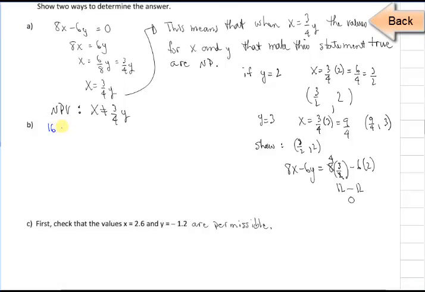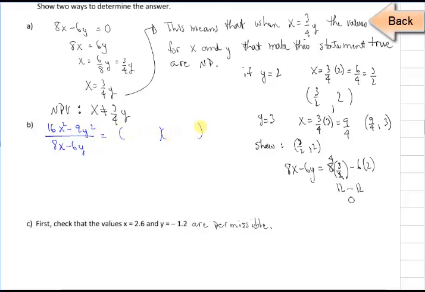So let's start by rewriting the question. We have 16x squared minus 9y squared over 8x minus 6y. Okay, remember your first step is to factor. So in the numerator you have a difference of squares, right? 16x squared is a perfect square. 9y squared is a perfect square.